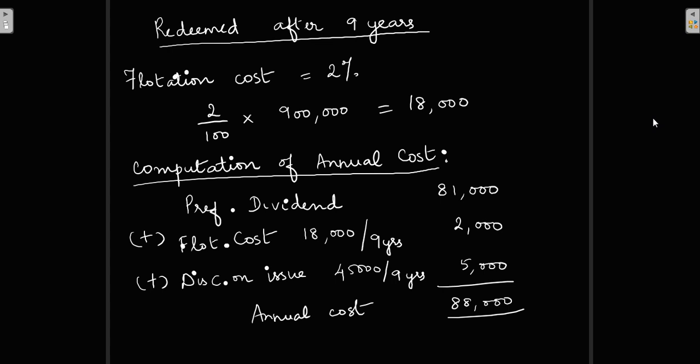Again we are amortizing, so divided by the number of years after which we are redeeming, 9 years. So we get 5,000. So the annual cost is 88,000. Let me remind you once again, since the preference dividend is not tax deductible, there is no need for tax adjustment in this problem.